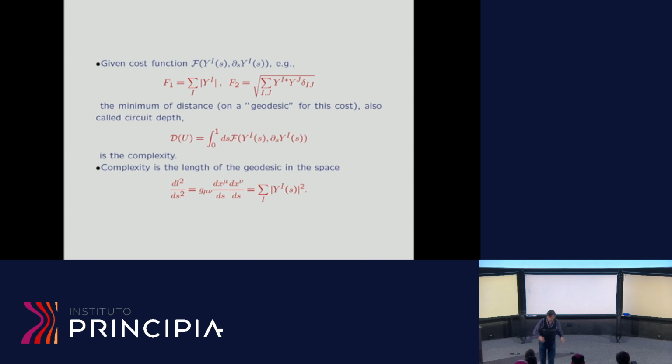So that's a geometric notion on this space of Hamiltonians, where you're minimizing the distance, and the complexity is the minimum of that distance. Then Nielsen made this a little bit more precise: if you think of this as a Riemannian space with this metric, then the complexity is the length of the geodesic.